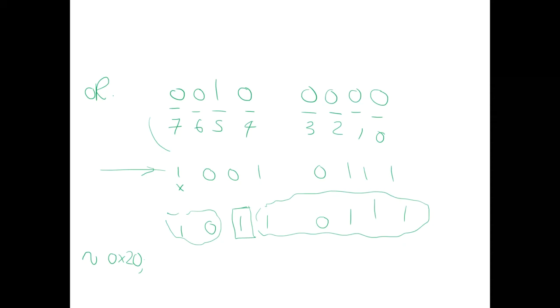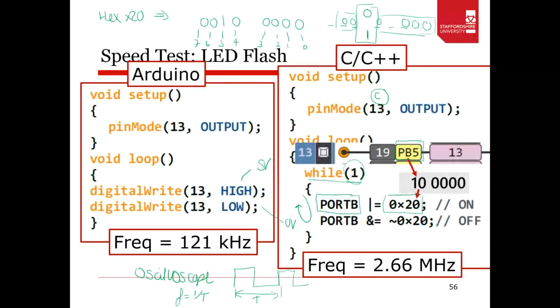So in order to switch that pin back off, we OR it to switch it on, and we NOT it to switch it off. So NOT 20 would be 1 1 0 1 1 1 1 1.